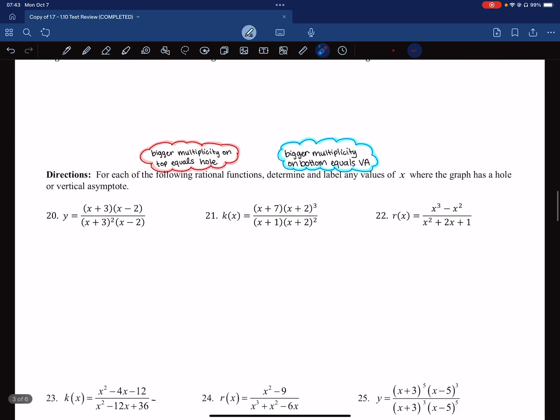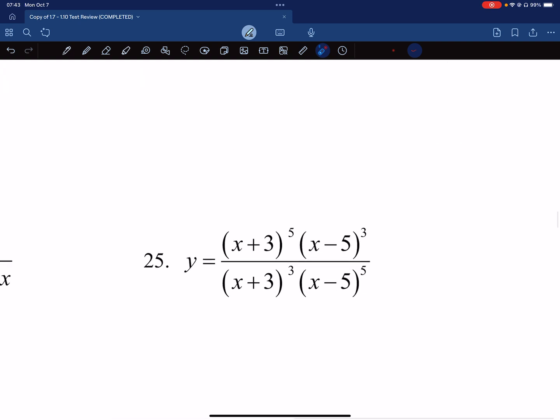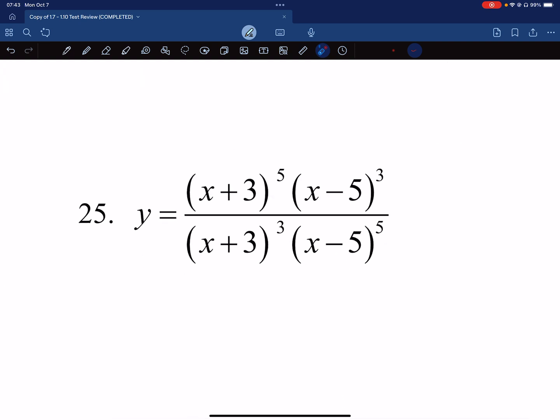Okay, the next part is making sure that you know how to determine if there's a hole versus a vertical asymptote. So something you need to know is if there's a bigger multiplicity on top, it's a hole. If it's a bigger multiplicity on bottom, there's a vertical asymptote. So if we wanted to take a look at 25, okay, notice that I have x plus 3 on top and bottom.